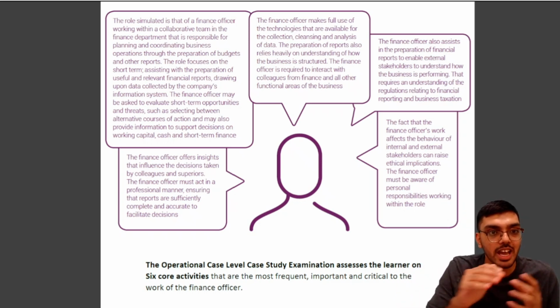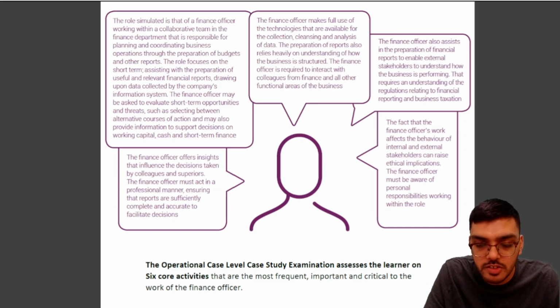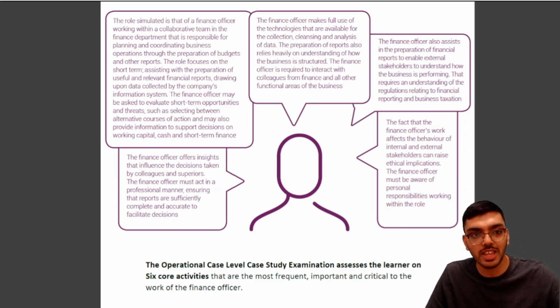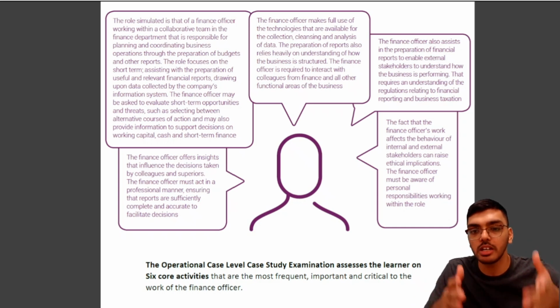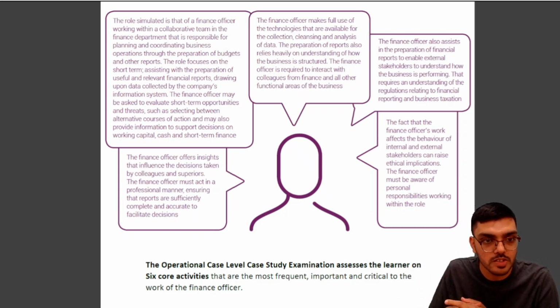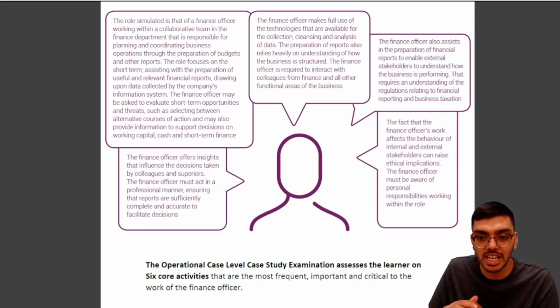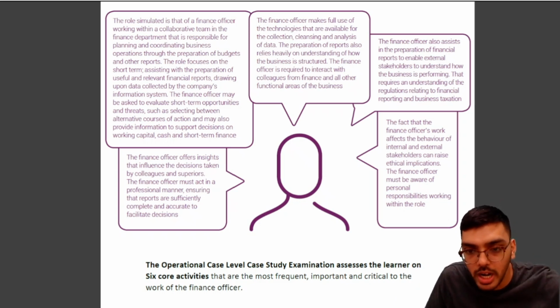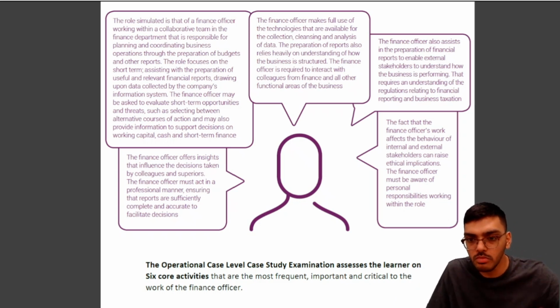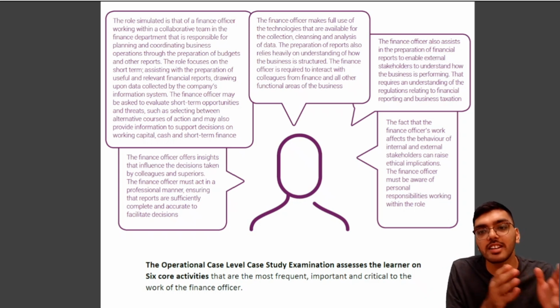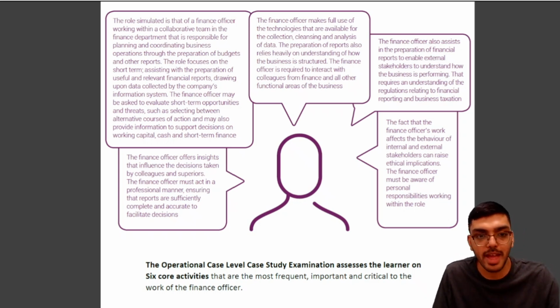Same way they say help in preparation of budgets. So budgeting, part of P1 syllabus. Same way they say preparation of relevant financing reports, drawing up data, using data, short-term opportunities, short-term financing, part of P1 and F1. Same way they say dealing with ethical implications, tax implications, part of F1.